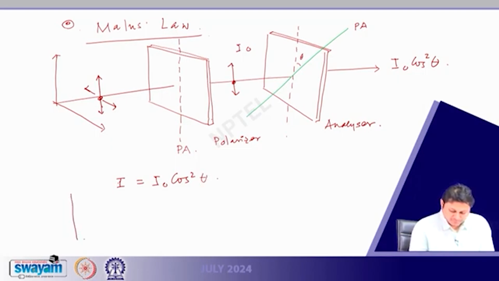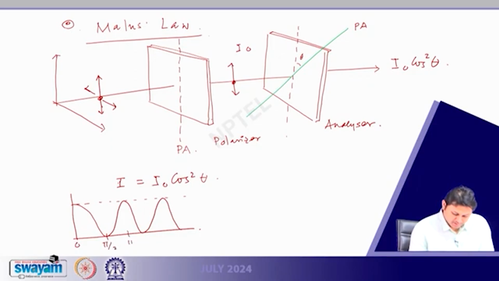If somebody plots what happens with theta, then the intensity will change in this way, the cos square function. So, 0, and this is pi by 2, this is pi, this is 3 pi by 2, and this is 2 pi and so on.